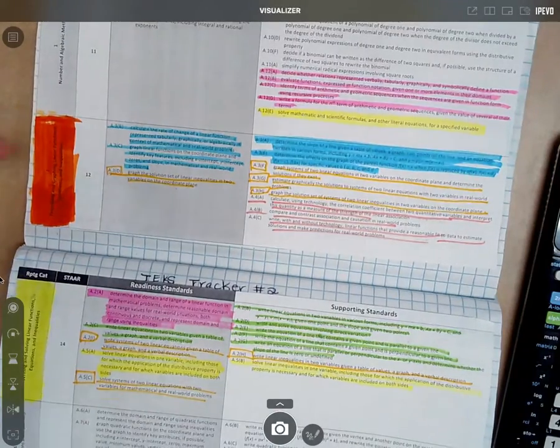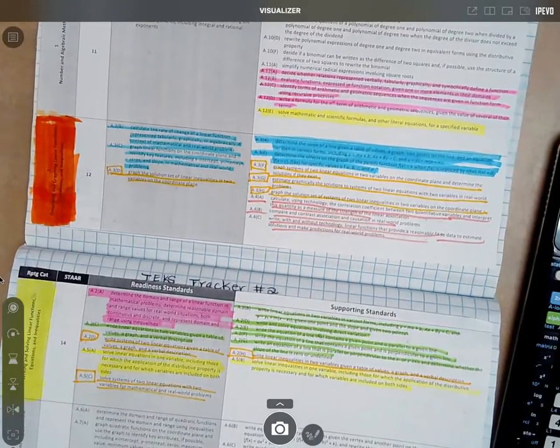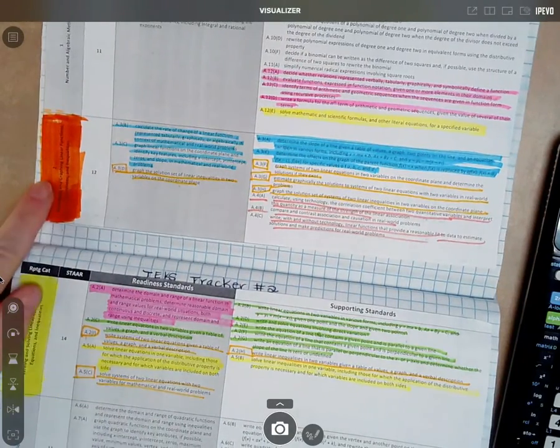We have completed all of reporting category 2 and 3. So we are finished with linear functions, finally. We've been on them for a long time. So we just color out that one.